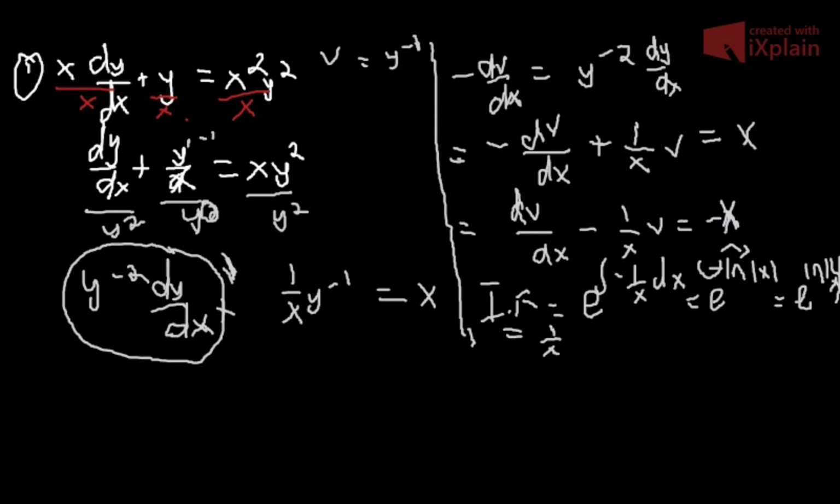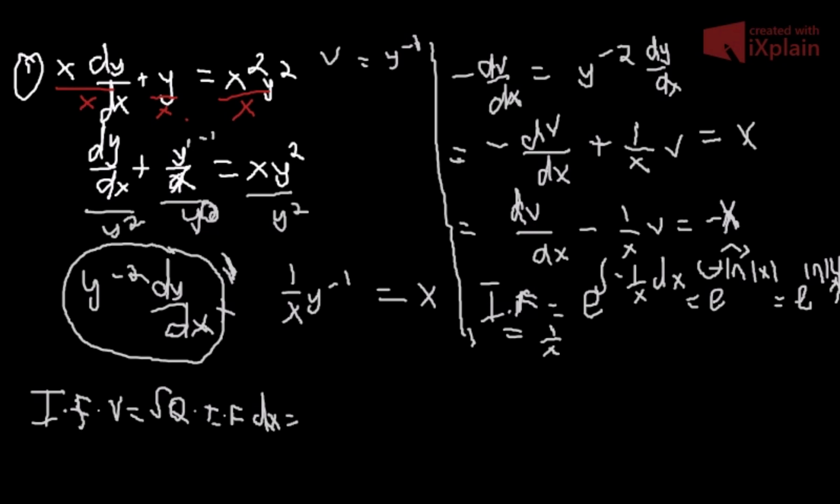Now we need to solve the equation. The integrating factor multiplied by v equals the integral of Q multiplied by the integrating factor dx.